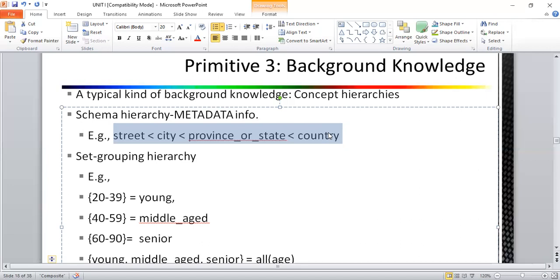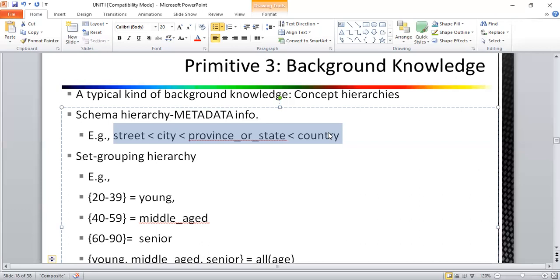Now what is metadata? Metadata is nothing but data about data. About a particular data, some information is available to us. So that will give us information like data about data. The example written over here is an example of a schema: street, city, province or state, and country.